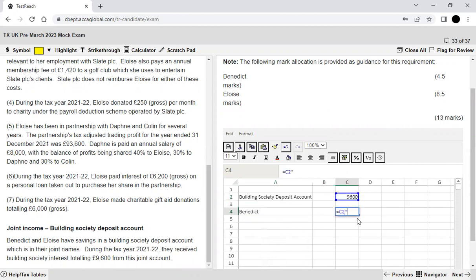Benedict 9,600 into 50%. Just to share with you, if income is from a joint bank account, income is always divided equally. There is no concept of any other proportion. Income is divided equally.